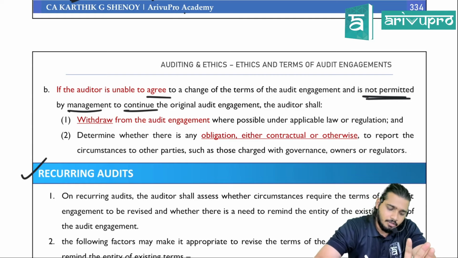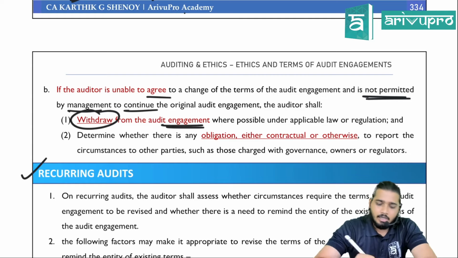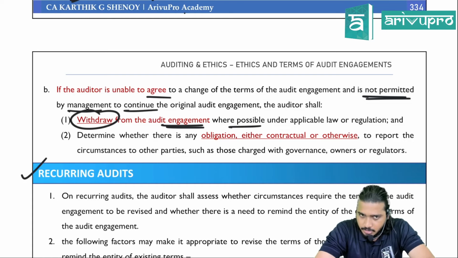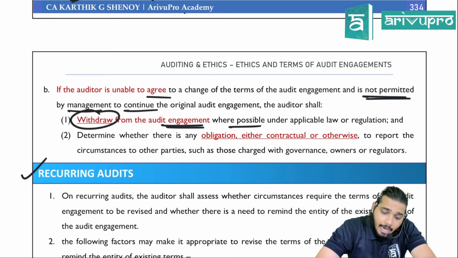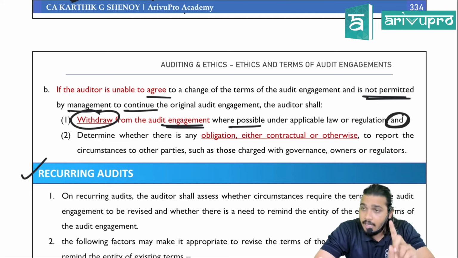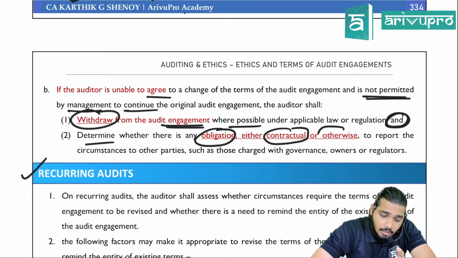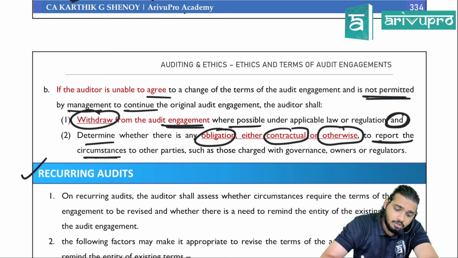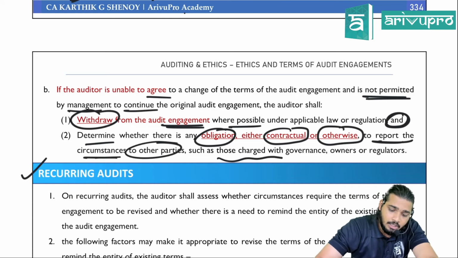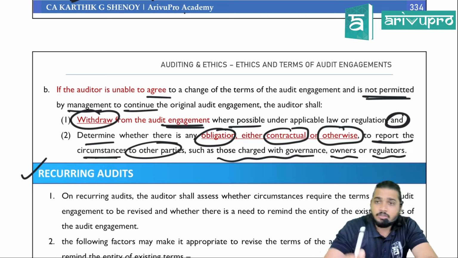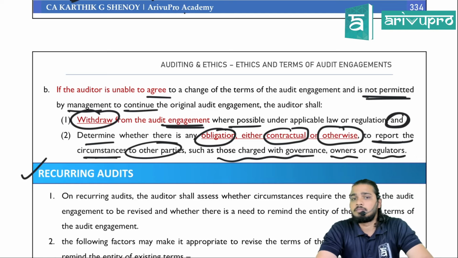Standard says withdraw from the audit engagement wherever possible. If it is possible, you better withdraw, and check whether there are any obligations, could be contractual obligations or otherwise legal obligations, to report the circumstances to other parties such as TCWG, owners, regulators.